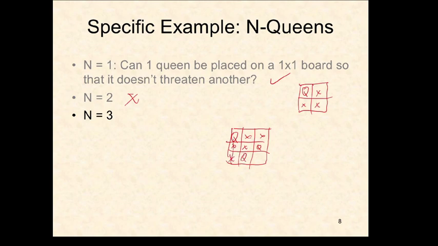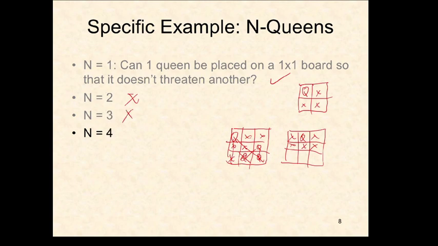I can't put one here because of that one. And I can't put one there because of both of them. So nothing works if I put it in the upper left corner. If I start it in the middle of the top row, then I can't put anything else in row 1 or row 2, so that's a fail. The upper right corner would be the same as the upper left corner, so n equals 3, no.